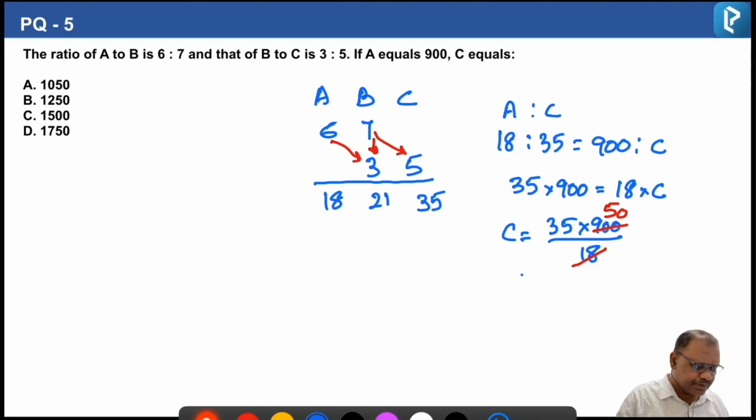So, now if you simplify this, C value is 35 into 50. That is 1750. This is the value of C. So, out of the given options, D is the right answer.